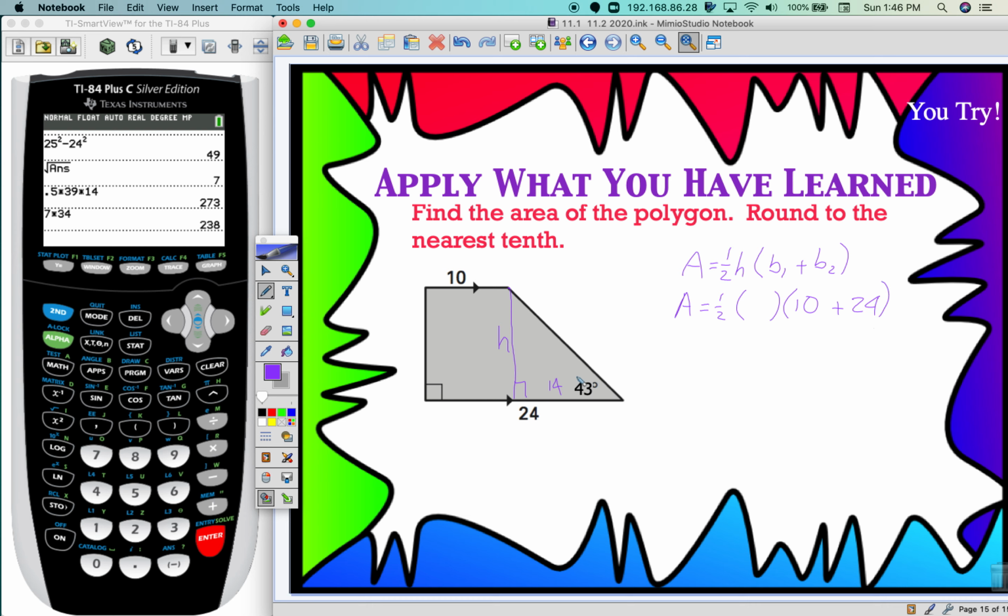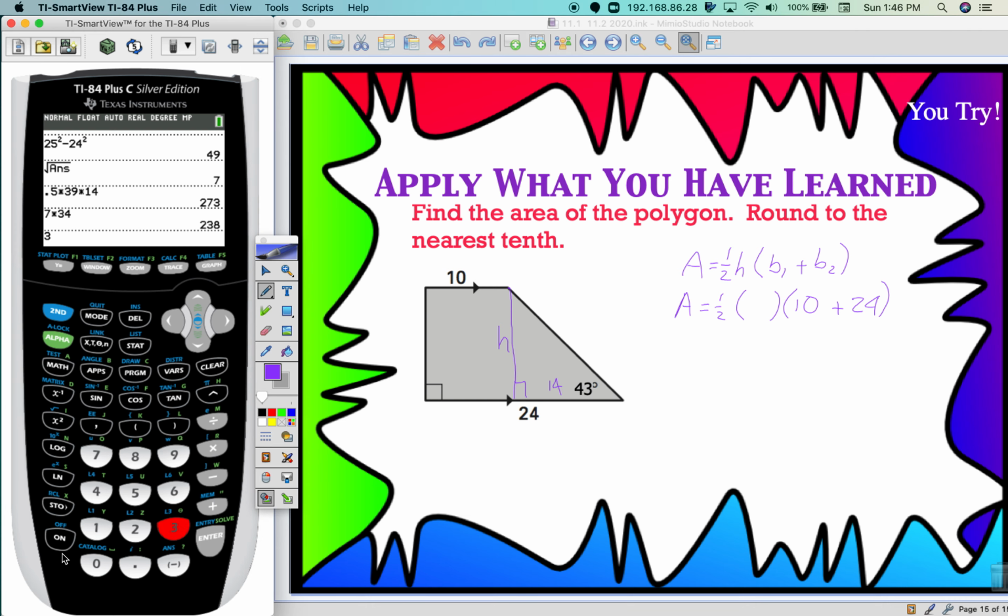But this time, instead of a 45, 45, 90 triangle shortcut, I need to use this triangle only, which I'll try to recreate for you down here. Where we know that's 14. We know that's 43 degrees, and we want to find the height.